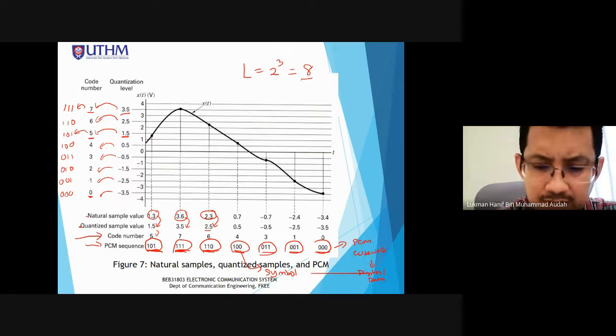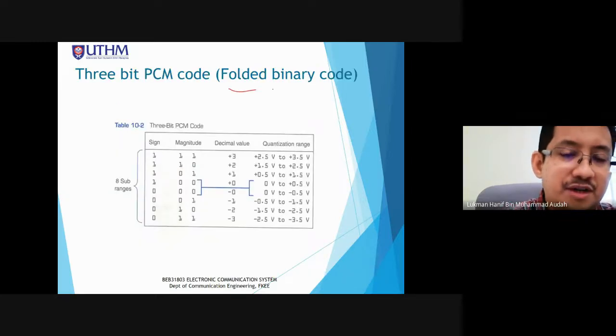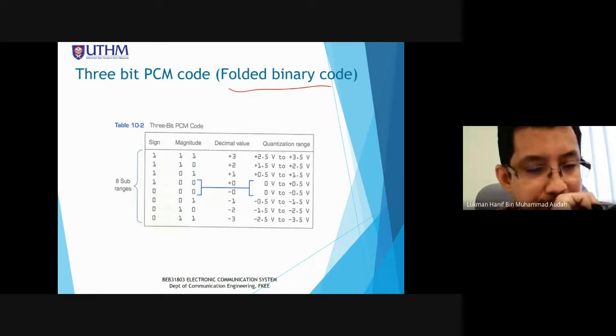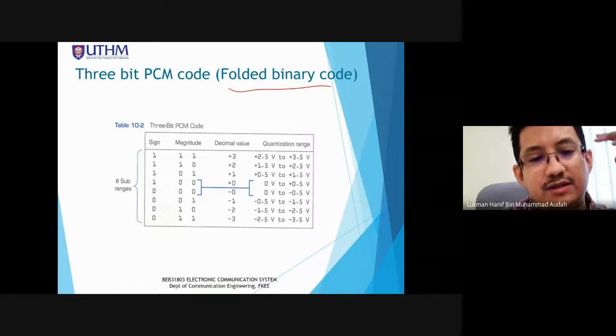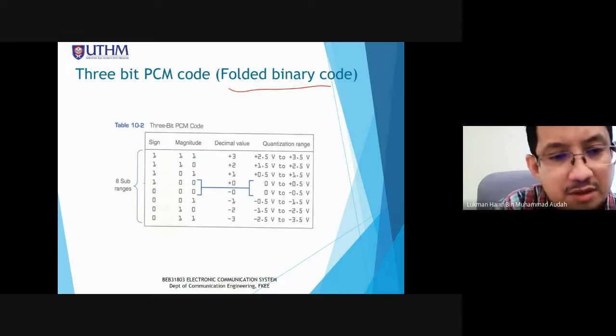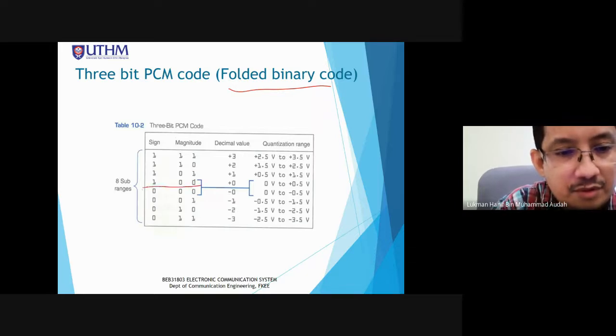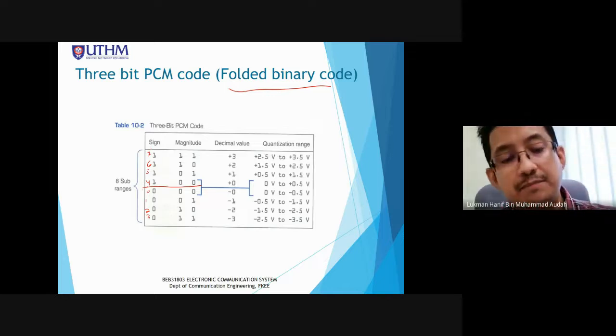Okay. So saya kembali kepada example yang ini. Contoh yang ini, folded binary. Kalau you lihat macam mana dia assign code word, macam mana dia assign dia punya code number. Code number untuk 000 dia start daripada sini. So maknanya dia 0, 1, 2, 3, 4, 5, 6, 7. Nampak beza dia.